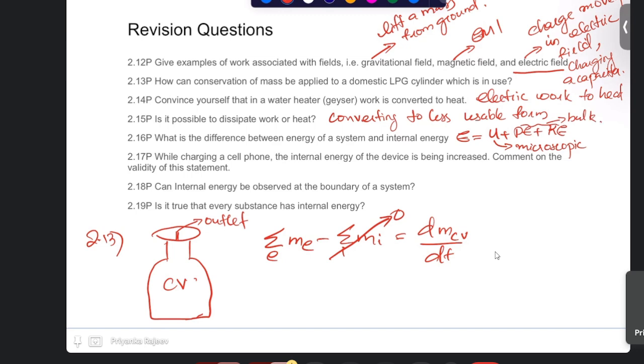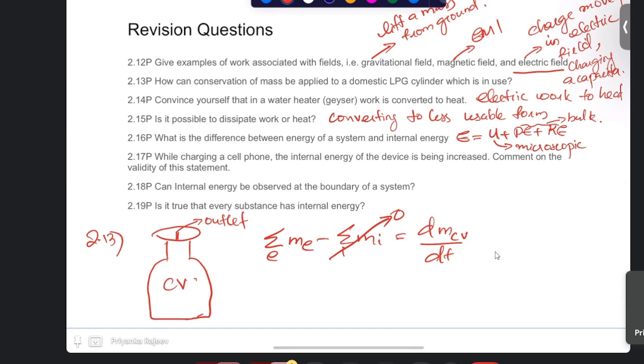So energy of a system will have microscopic and bulk forms of energy, but internal energy will calculate only the thermal part, due to the temperature, the molecules vibrating at a microscopic level. Those things will be scaled in internal energy.